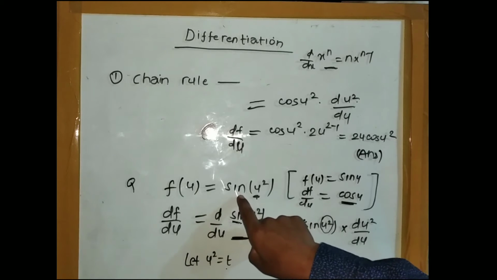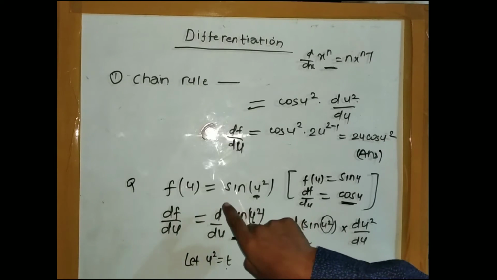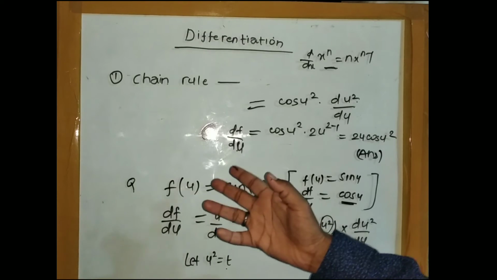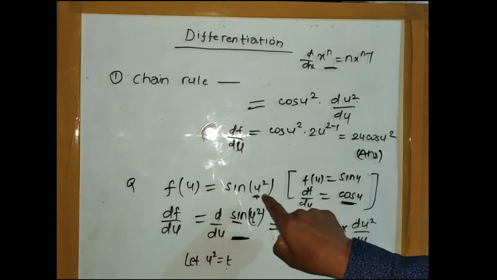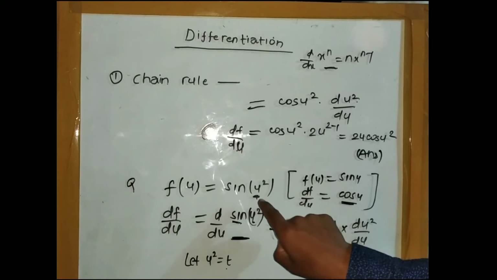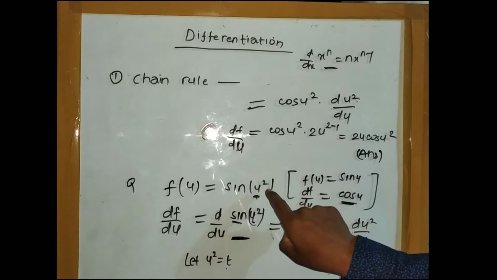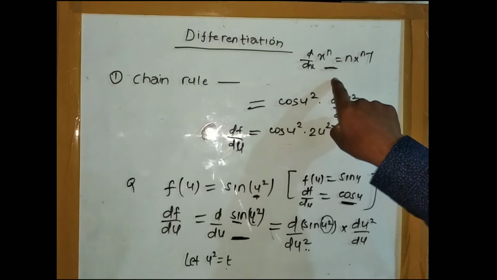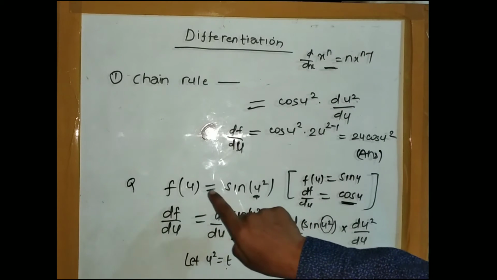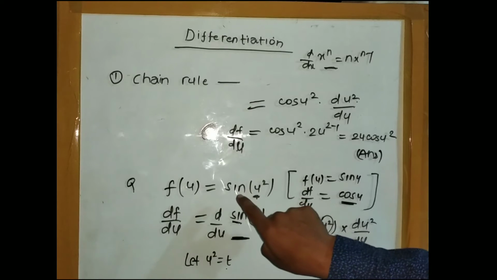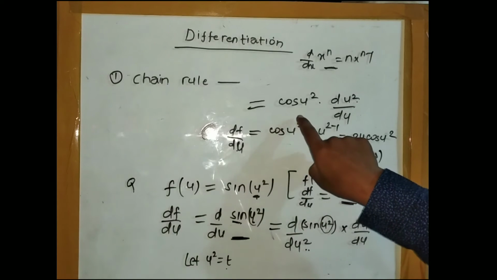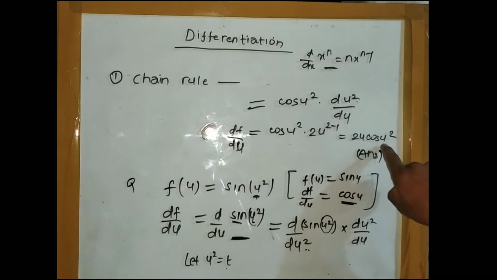First find the derivative of the outer function, sine u square, which is cos u square. Then we multiply with the derivative of the inner function, the derivative of u square, which is 2u, according to the power rule. So the derivative of f of u, sine u square, is cos u square into 2u.